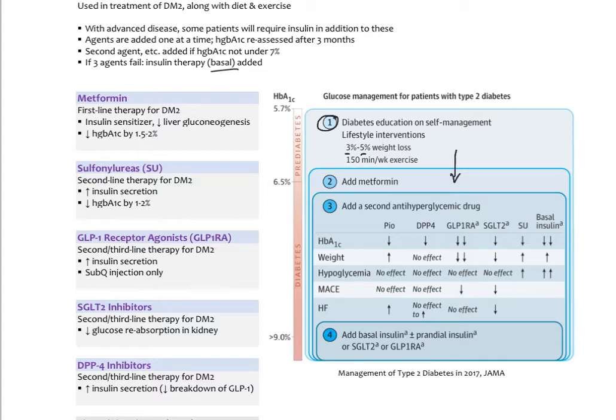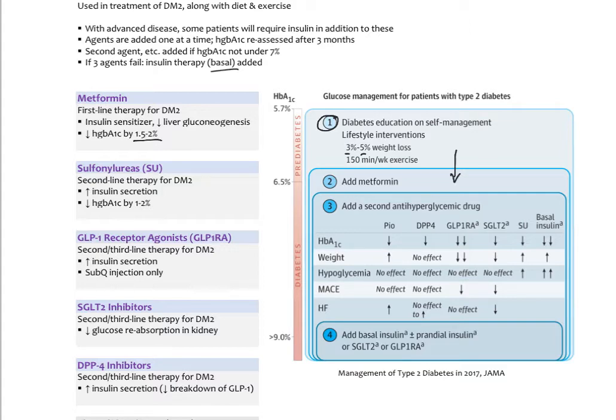And it tends to decrease A1Cs by up to 2%. So know that when you start a patient on Metformin, you'll see 2%, maybe 1.5% decrease of A1Cs. Exercise and diet alone will tend to decrease A1C by another 1.5 to 2%, or even a little bit higher. So with Metformin and exercise, that's about a 4% reduction in A1C right there.